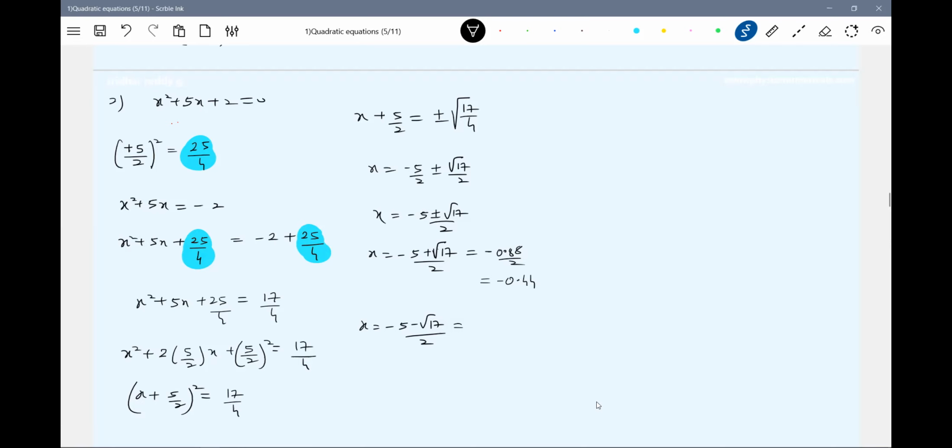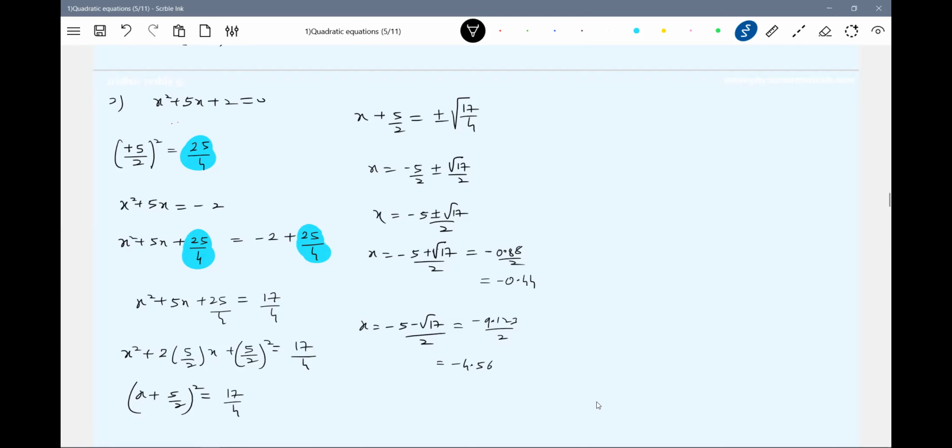This will be minus 4.56, the nearest value.